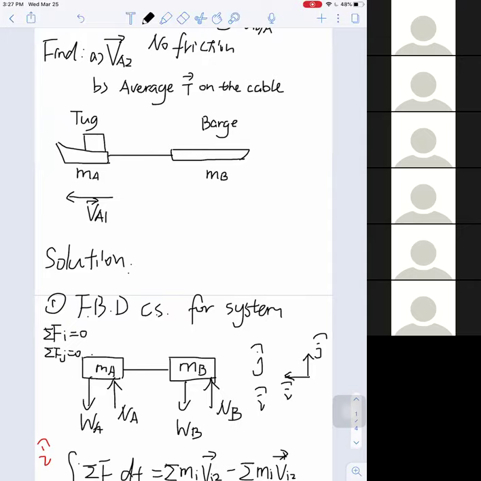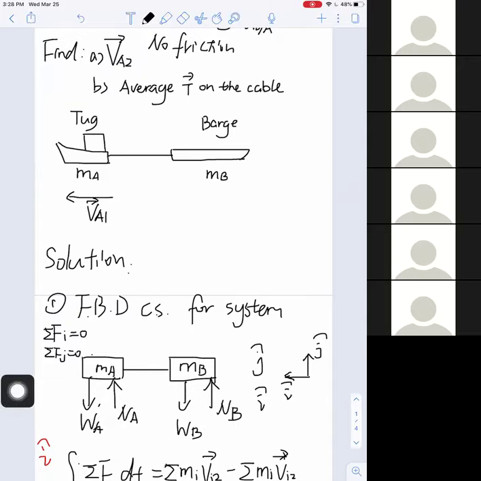The tension is not exposed in this free body diagram. So that's a problem of taking the whole system for the free body diagram. If you have the free body diagram for the whole system, you lose all the information inside of the system. We call it internal forces.